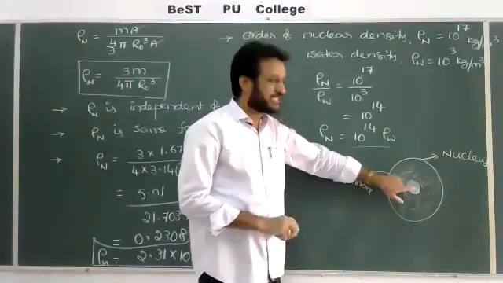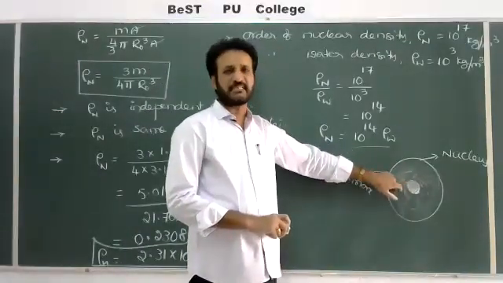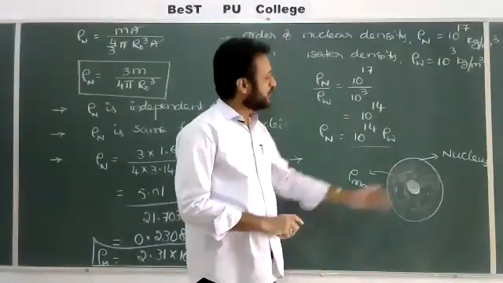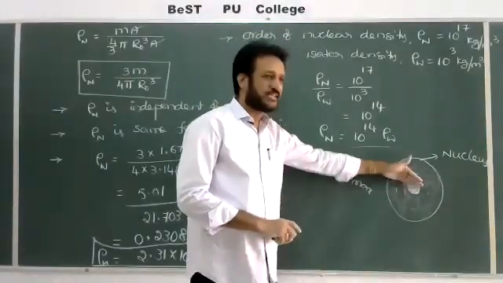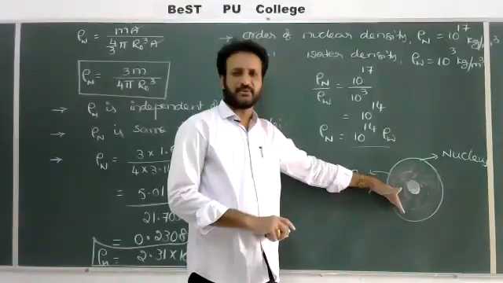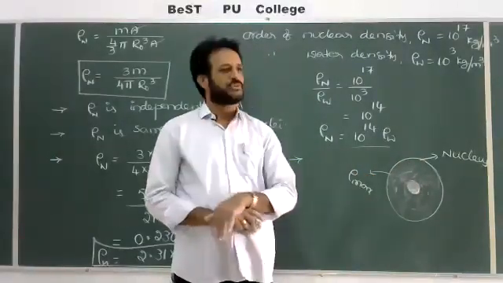And where is it a maximum? At the center, density is a maximum. And where is it a minimum? Almost at the end of the nucleus, where the radius is around 10 power minus 15 meter, the nuclear matter becomes zero.